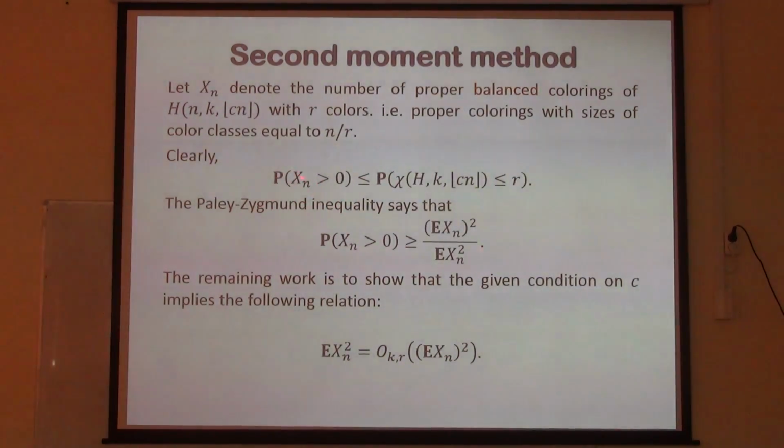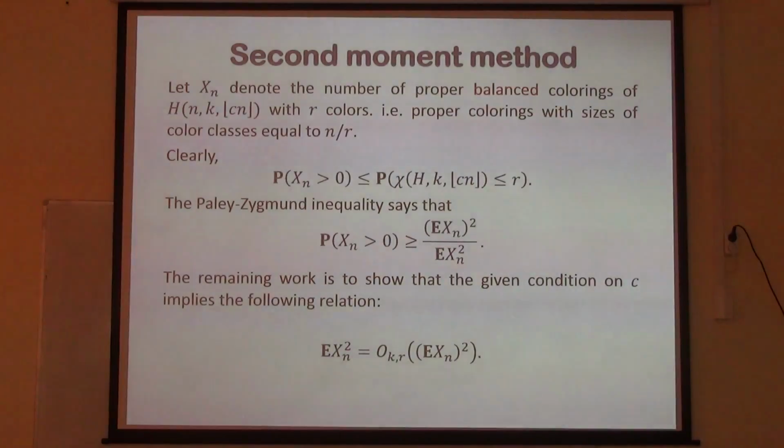If it is positive, then you know that there exists a proper coloring, so the chromatic number is at most r, and the Paley-Zygmund inequality implies that the probability that xn is greater than 0 is at least the first moment squared over the second moment.